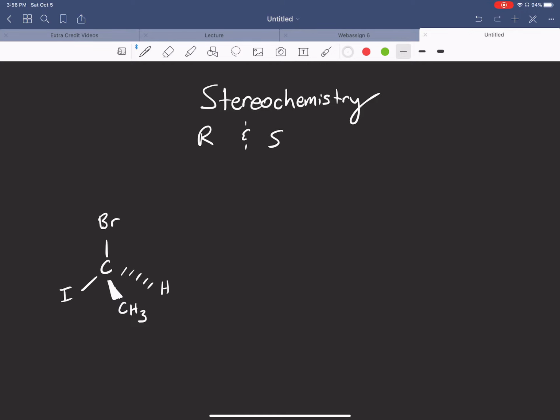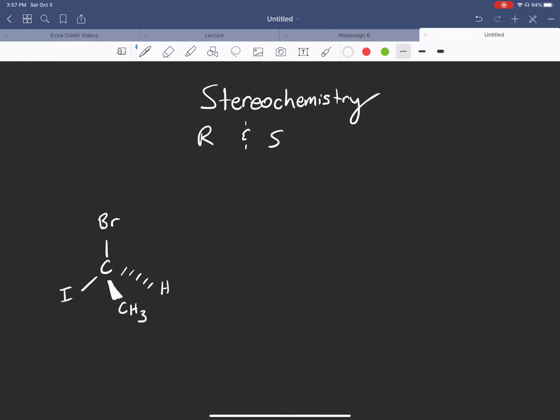The next step, after you determine if something is chiral, is to determine the priority of your substituents. What do I mean by priority? We assign the higher priority to something that has the higher atomic number, which is just proton count.